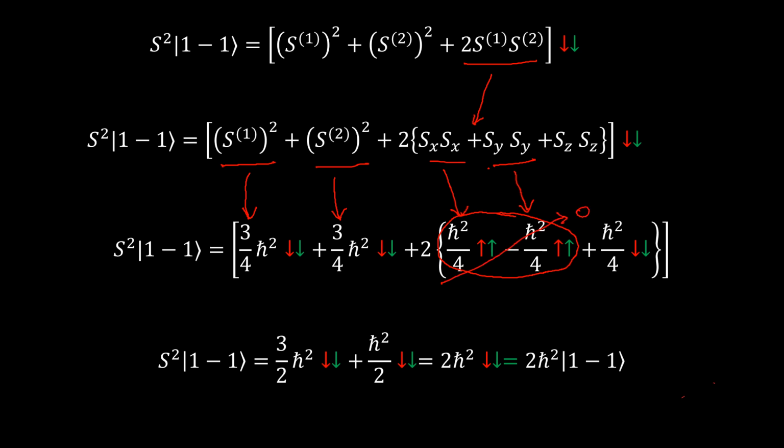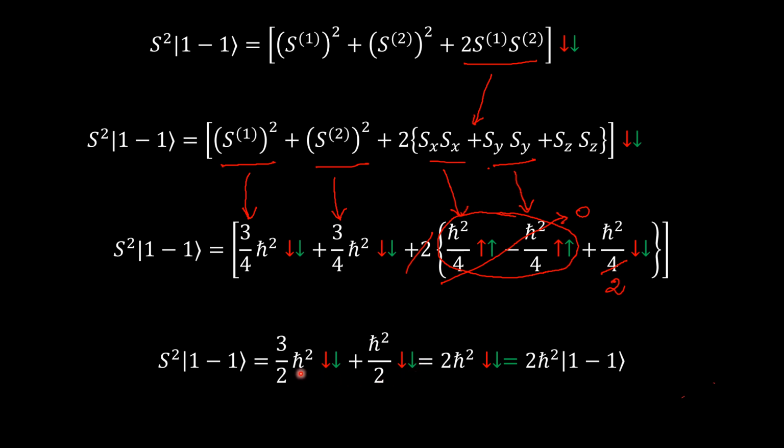And you can cancel this 2 with this 4. You will get 2. So now you can see this is downwards, both downwards, here also downwards. So if you add these two, you will get 3/2 ħ squared spin down down, and this is ħ squared over 2 spin down down.